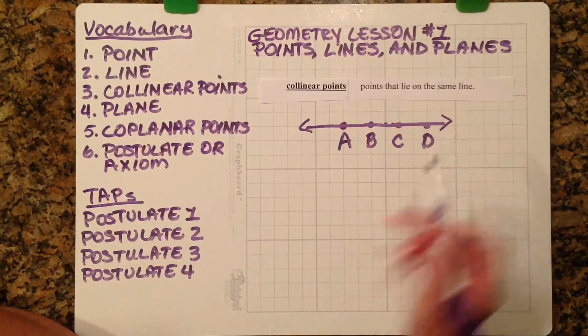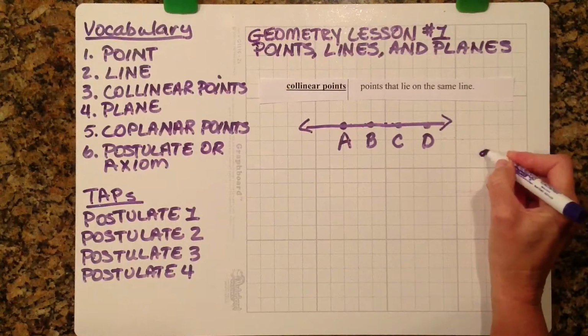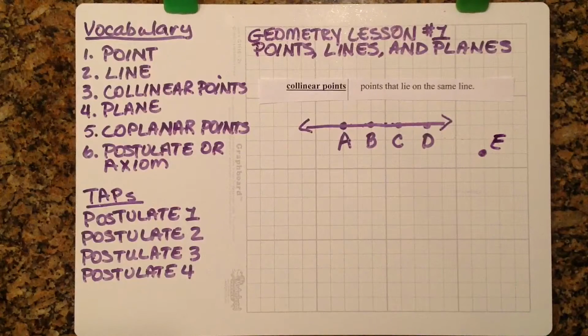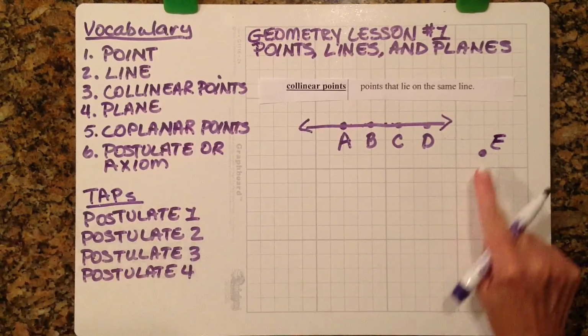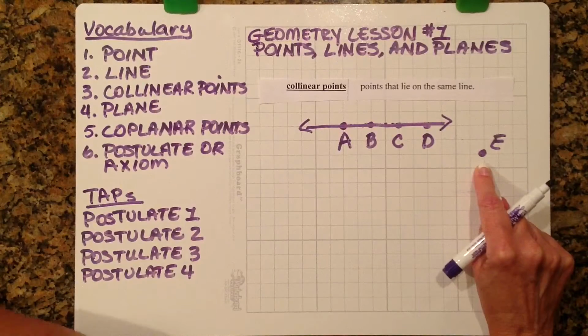All these points are collinear. Now, for example, if I drew little e over here, and he's way off to the side by himself, he is not collinear at all. You would call that non-collinear. Non meaning not with.